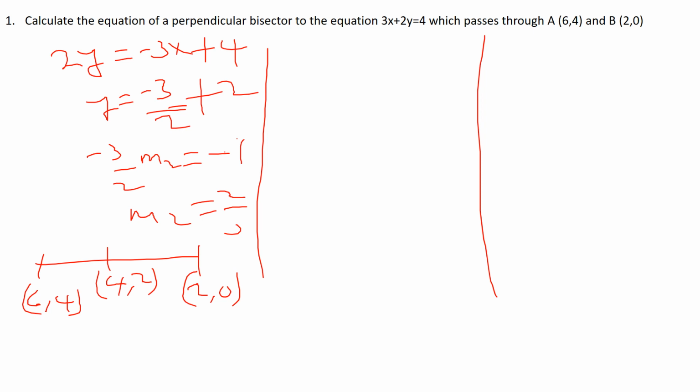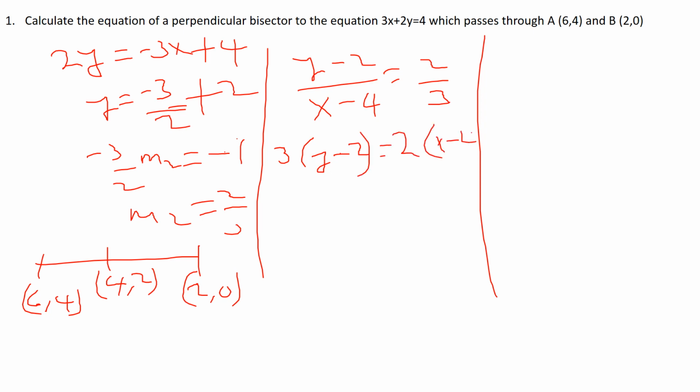Now to get the equation, we say y minus 2 divided by x minus 4 equals 2 out of 3. Then we can cross multiply so that we have 3 times y minus 2 equals 2 times x minus 4. This is the same as 3y minus 6 equals 2x minus 8.